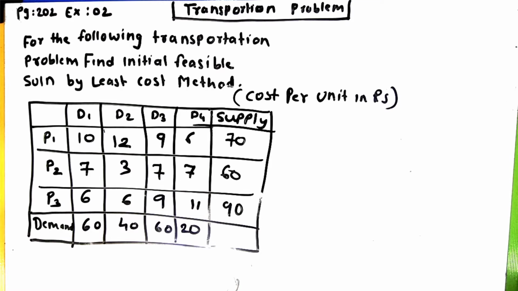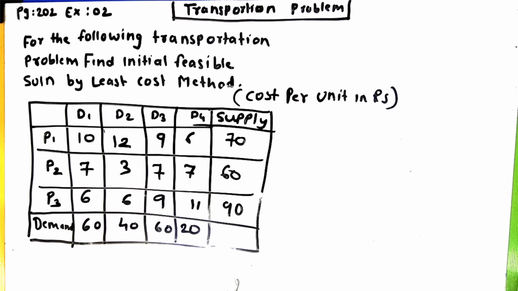Data for cost per unit in rupees is given in the table, for which supply and demand are given. On the supply side, we have P1, P2, P3, with capacities 70, 60 and 90. On the demand side, we have D1, D2, D3 and D4, with demands 60, 40, 60 and 20. With this, we have to find the initial feasible solution using the least cost method.